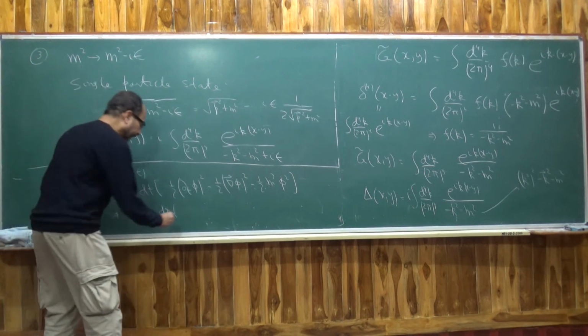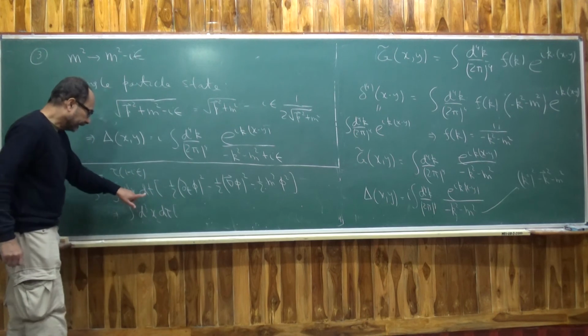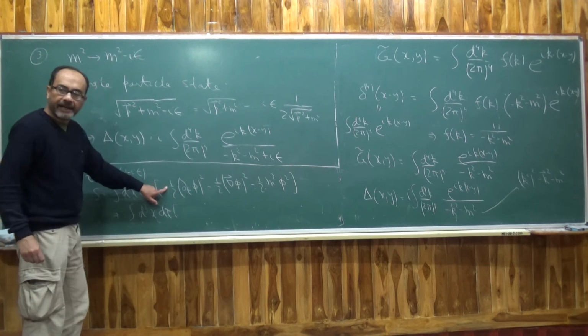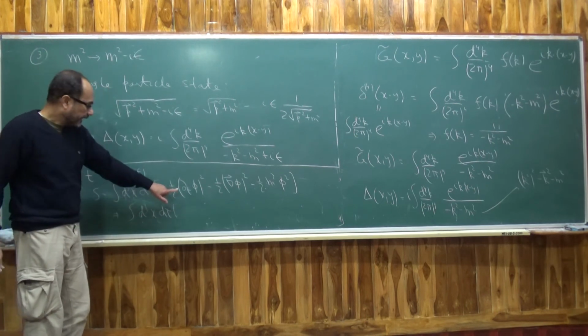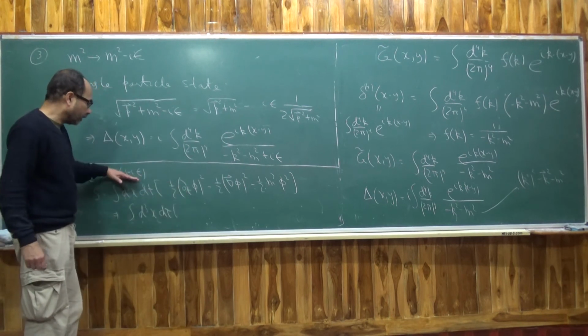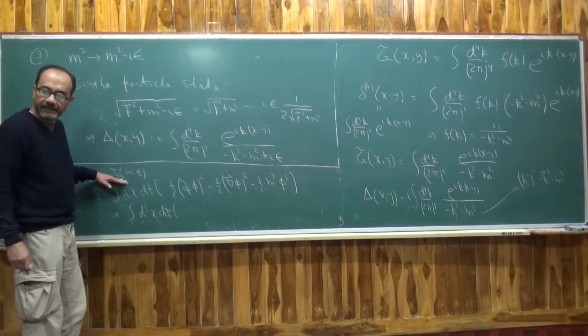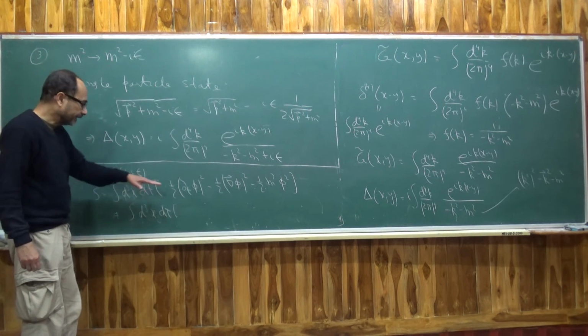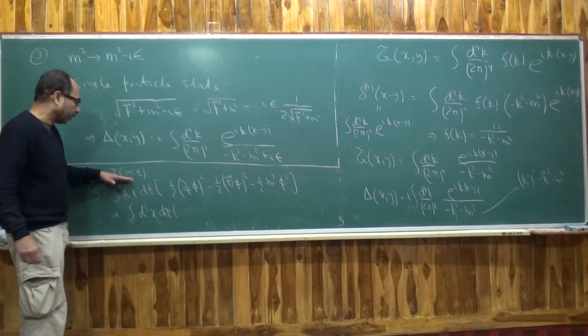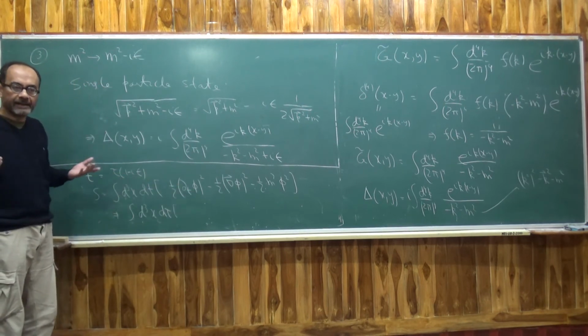So d tau, you get 1 minus I epsilon multiplying from the top. But del t is 1 over 1 minus I epsilon times del tau, and it will be squared.